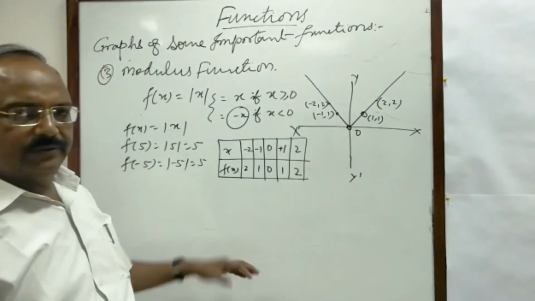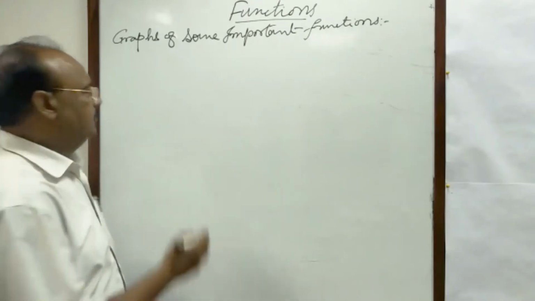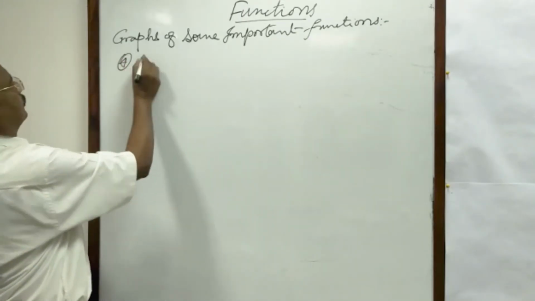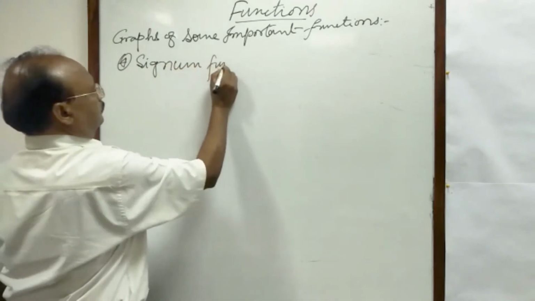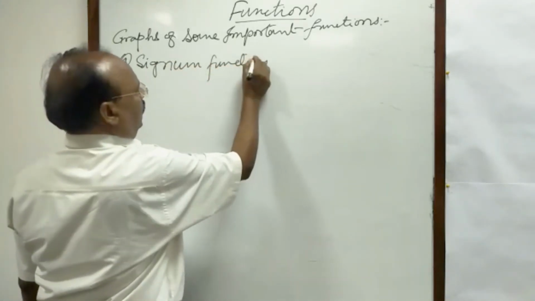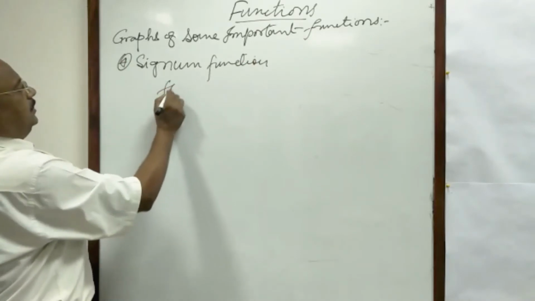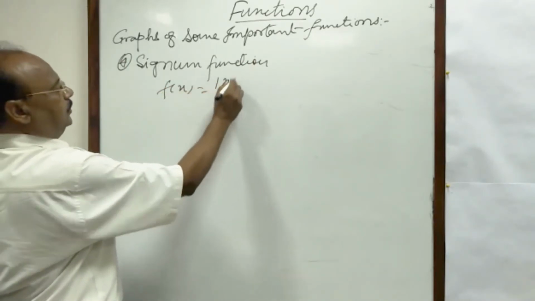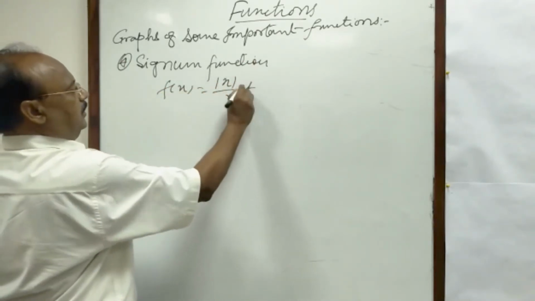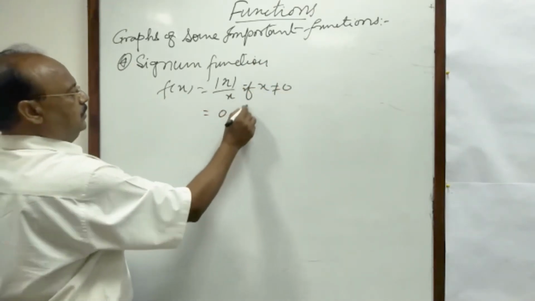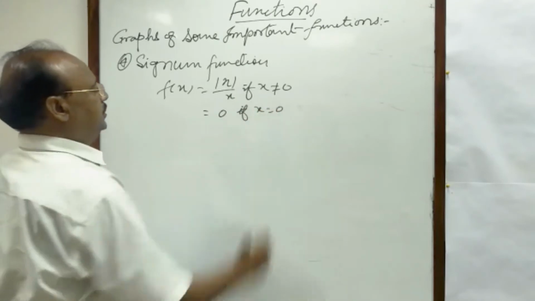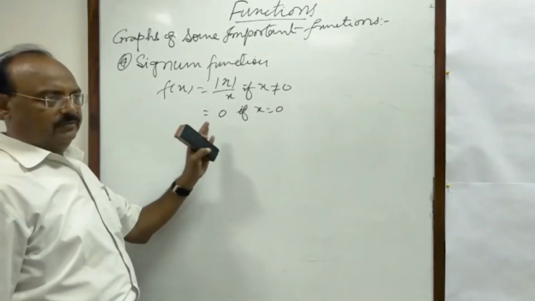Now let us see the graph of the next function, the signum function. You know, we define the signum function as f(x) = |x|/x if x is not equal to 0, and this is equal to 0 if x is equal to 0. This is the definition of the signum function.